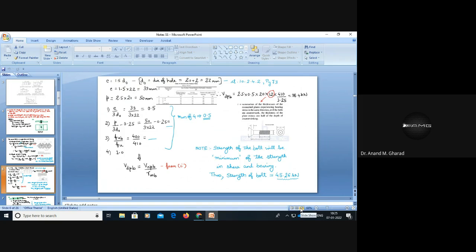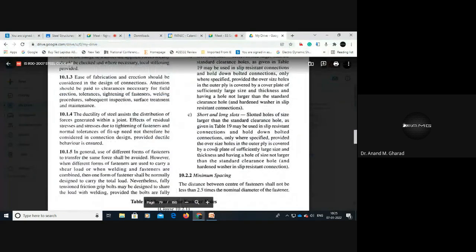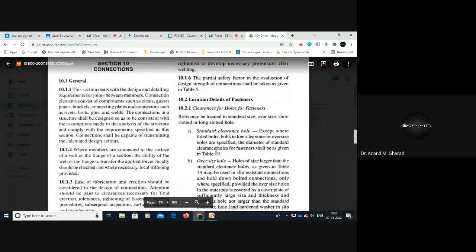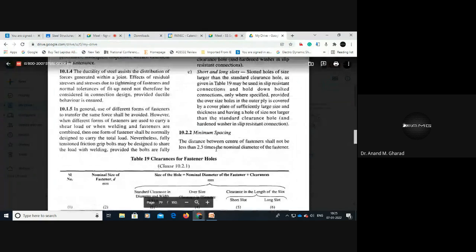Then slowly you substitute the values, but before that you should know what is small e value, isn't it? Small e value, as we have discussed earlier, is as per the end and edge distance clause. This is again mentioned on page number 73. No, not on 73.